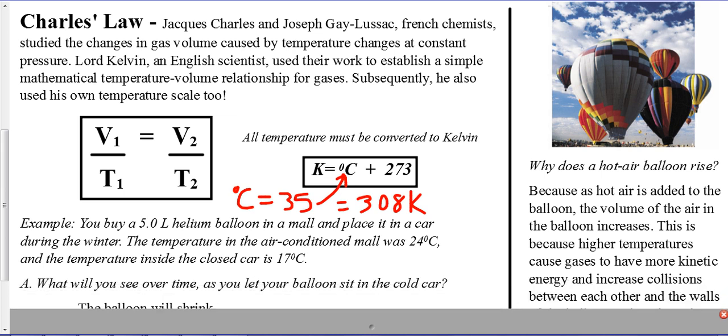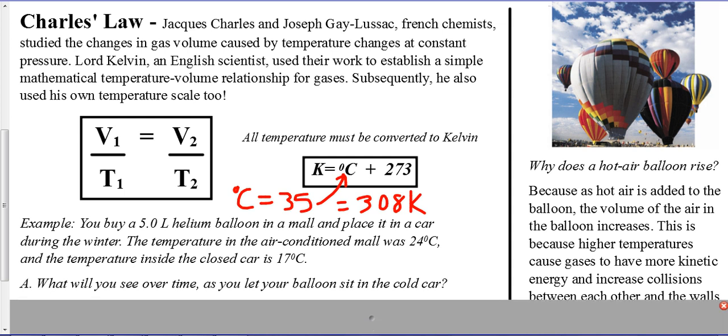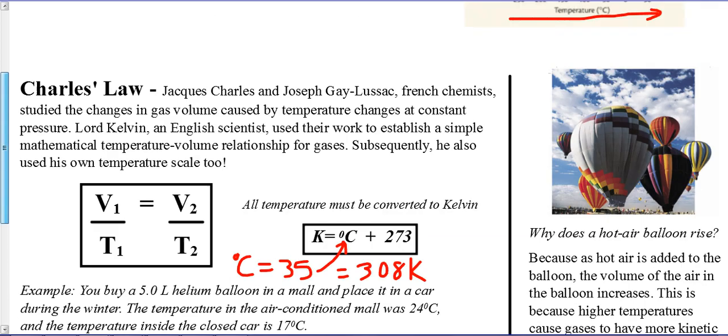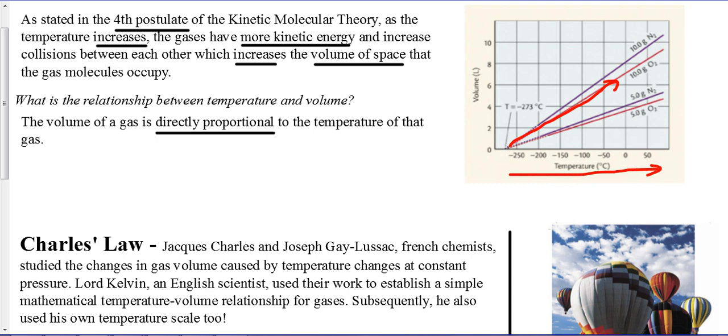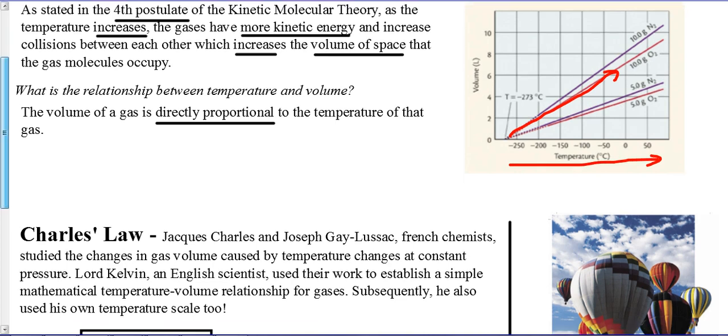So what will you see over time? Well, as you leave the balloon in the car, because the temperature is decreased from the mall to the closed car, the volume is going to decrease. Again, why? Because we said above, the volume is directly proportional to temperature. So as the temperature goes up, volume goes up. As the temperature goes down, volume will go down.